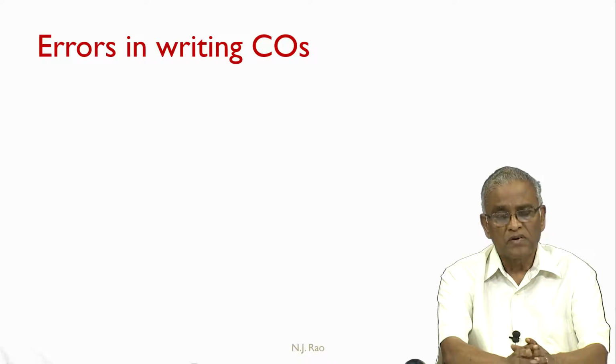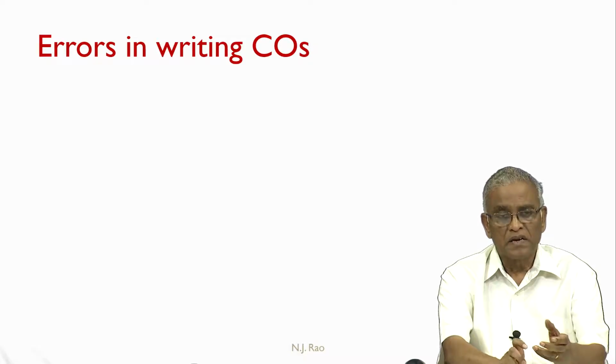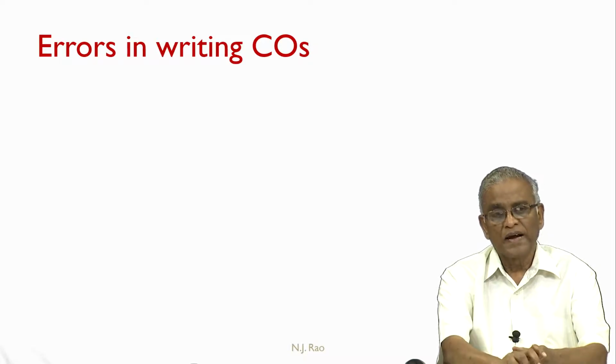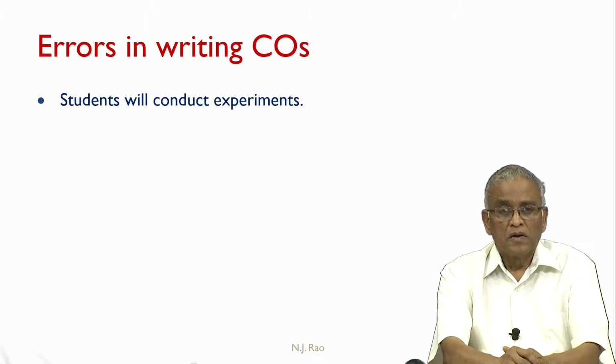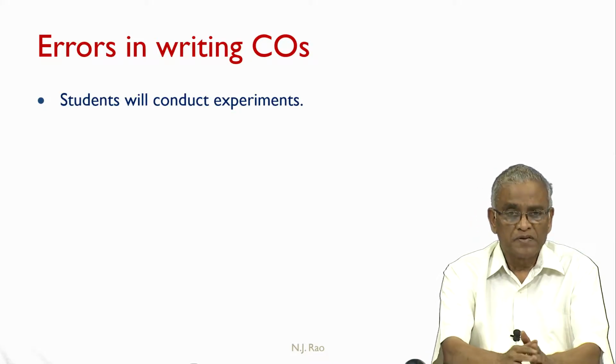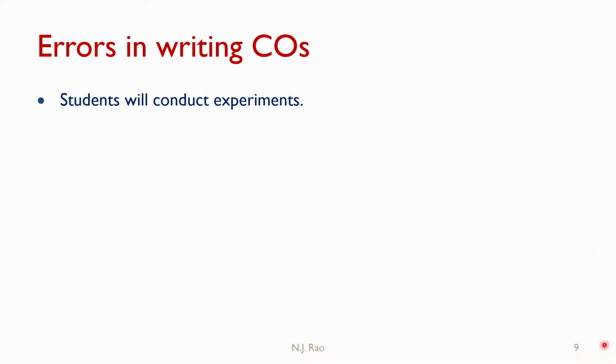So we will have about 10 CO statements for you to consider, wherein either some do's and don'ts are not properly followed, or it does not satisfy the items in the checklist. So let us start with one statement. Students will conduct experiments. Now we will give you 30 seconds to think of the error in this.